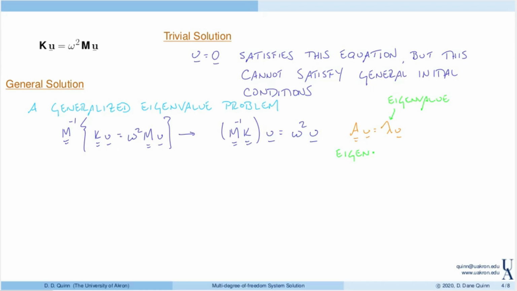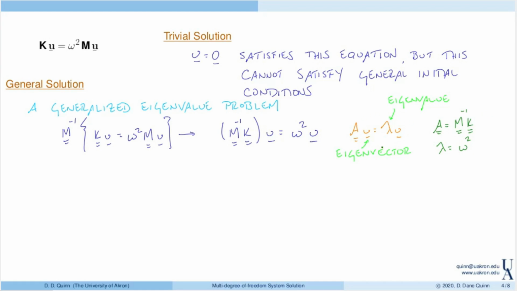Together, I'll refer to these as eigenpairs. Comparing this standard form with what we have here, we see that A, our matrix that we're looking for the eigenpairs of, is simply m inverse times k, and lambda, the eigenvalue, is omega squared.